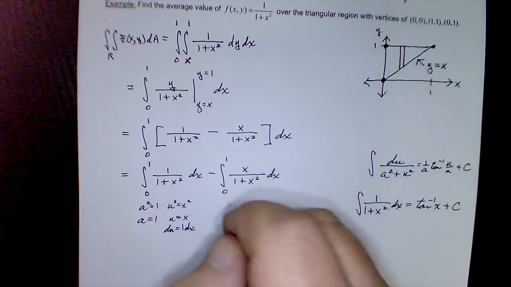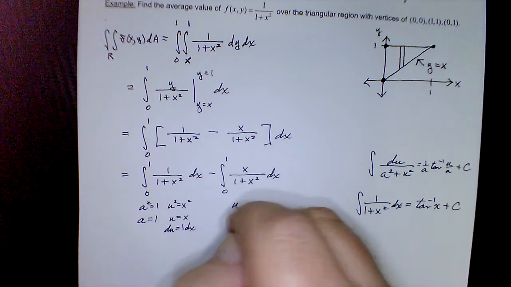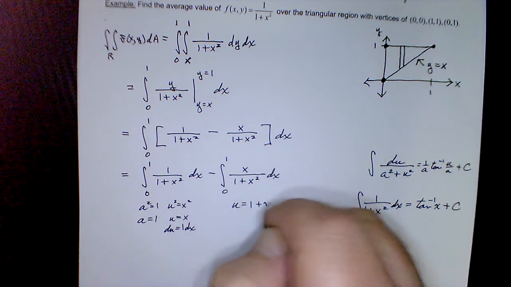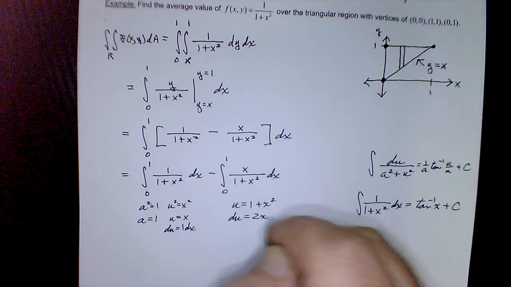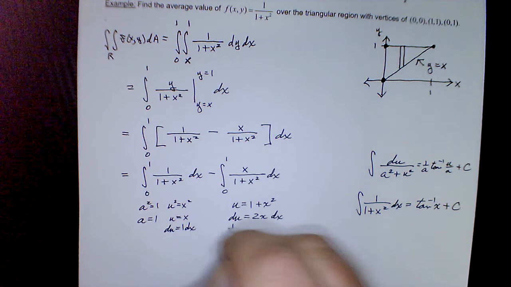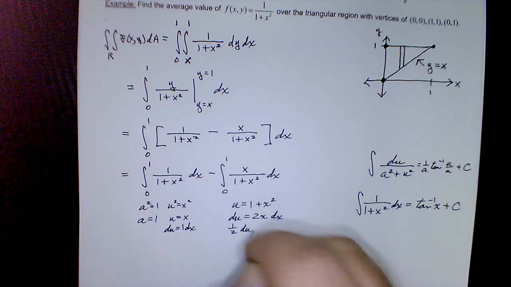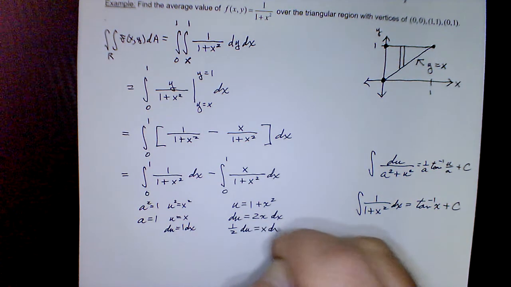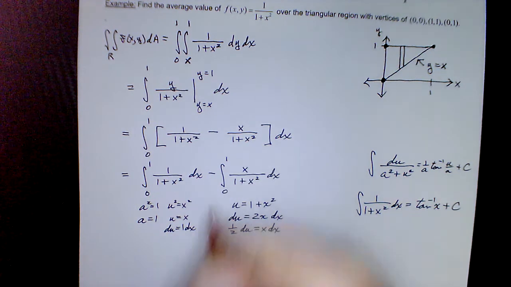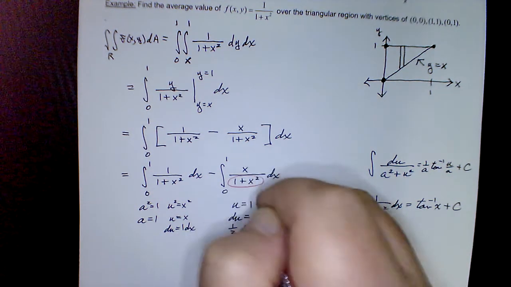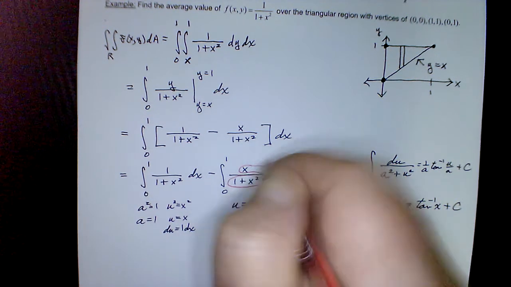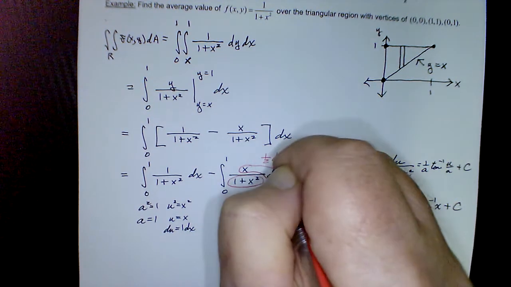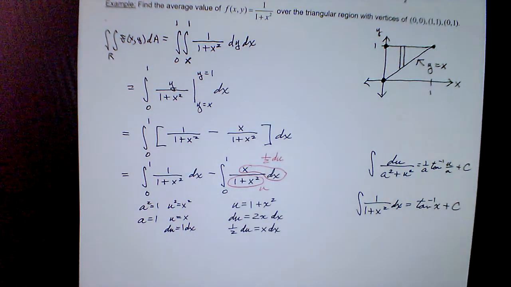And then here, you'll need a u substitution if you want. Or you could do this mentally. And by mentally, I mean all that's happening here if you make this u substitution is you get a modification by 1/2. Because the denominator is your u, and the x dx that's in the numerator makes up 1/2 du.